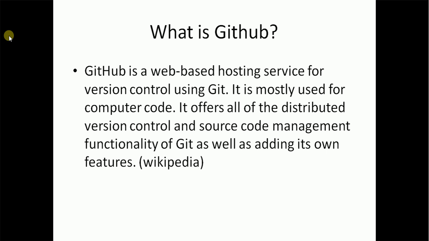What is GitHub? GitHub is a web-based hosting service for version control using Git. Like I said earlier, we have Subversion, so it's not just Git that is the tool used for managing source code or simultaneous edits on files. It is mostly used for computer code. It offers all of the distributed version control and source code management functionality of Git, as well as adding its own features. This is GitHub.